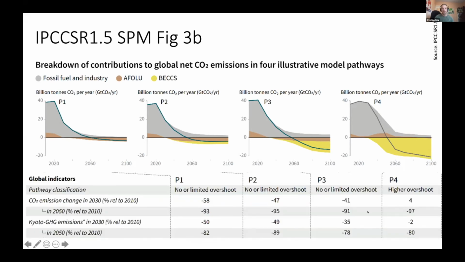In fact, in 2030, in the P4 scenario with lots of CDR, emissions are actually higher than in 2010, whereas in P1 they have to be 58% lower, so that the carbon budget is not breached.